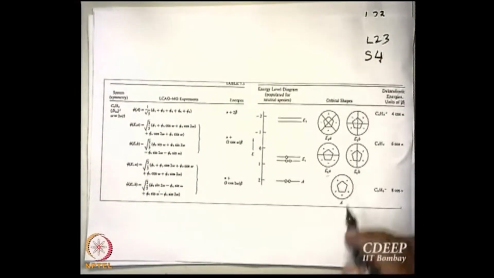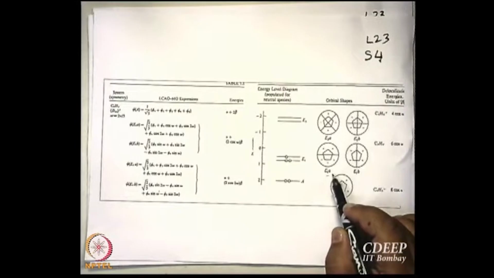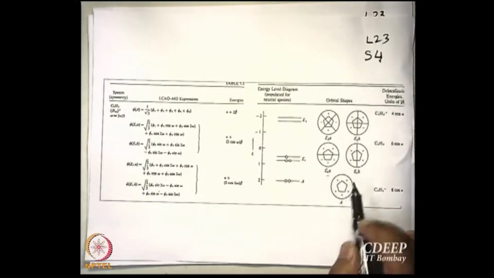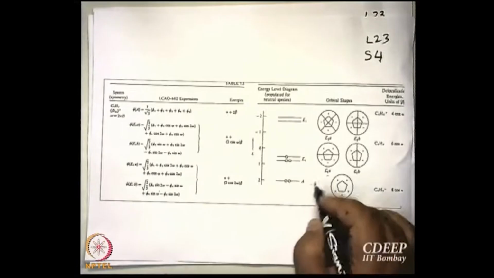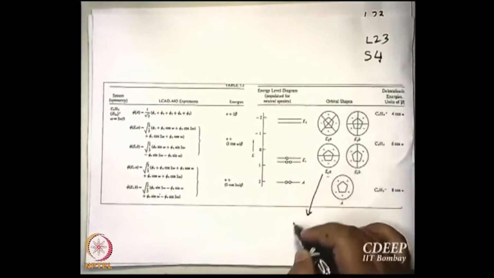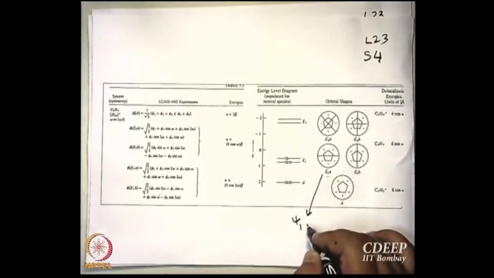Right? Now what I am trying to tell you is this. This is your E1A. Let us say this is a top ring. I denote the top ring by a subscript 1. So this is psi 1 E1A.